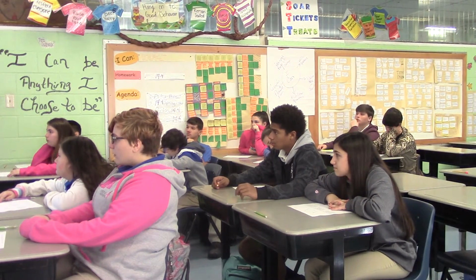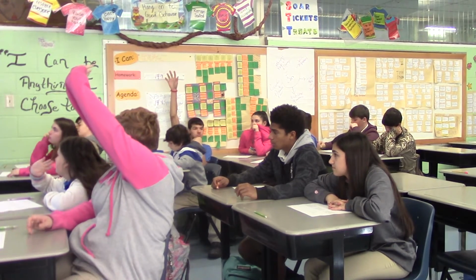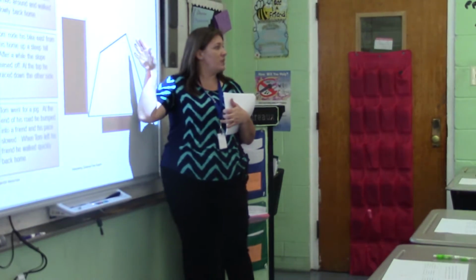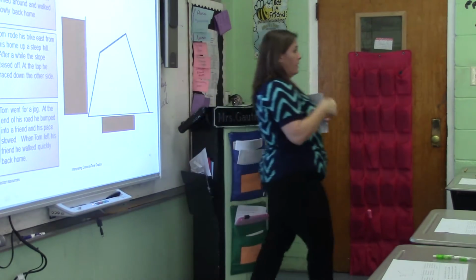Who disagrees with her? Okay, Lauren, tell me why you disagree with her. I think he was decreasing in speed because it took more time to walk there than it did the first slope he went up. Okay, she says that this line right here represents a slower pace. Why does it represent a slower pace, David?